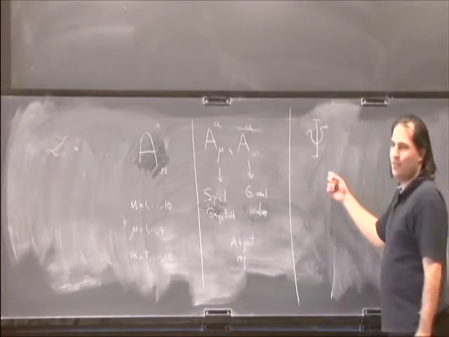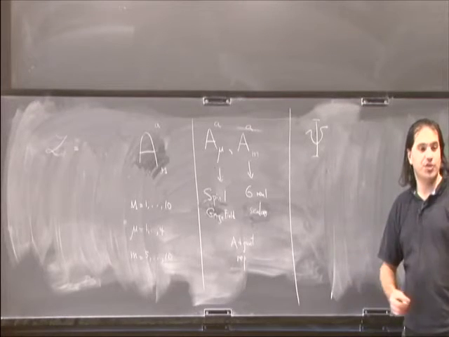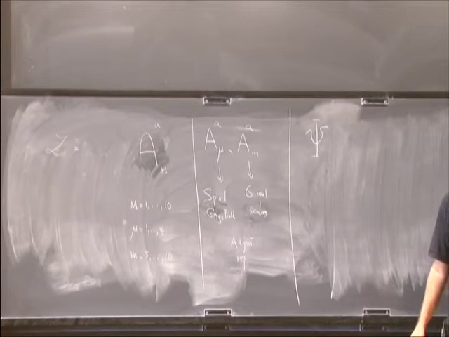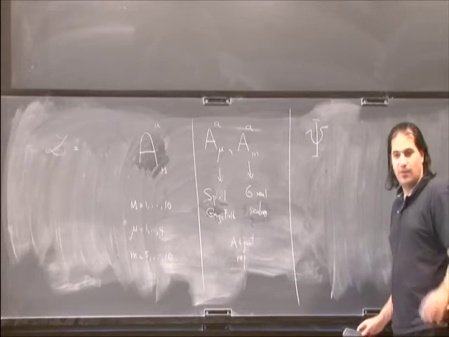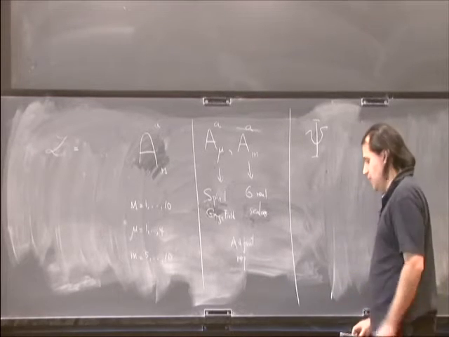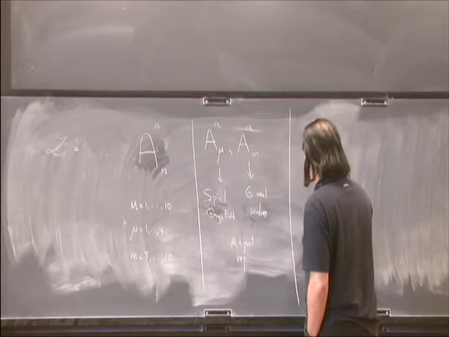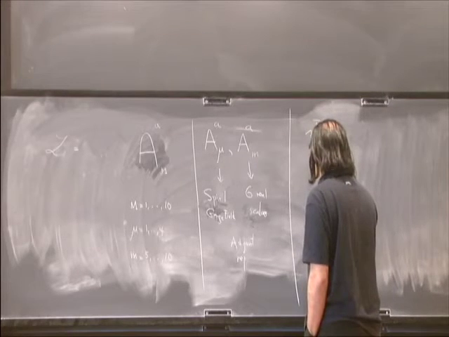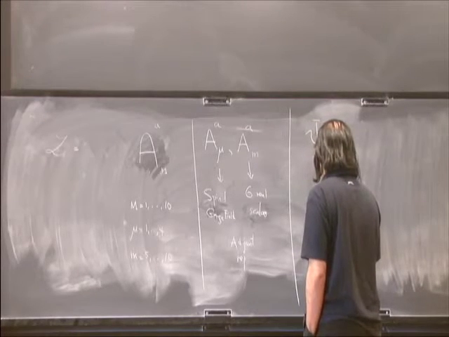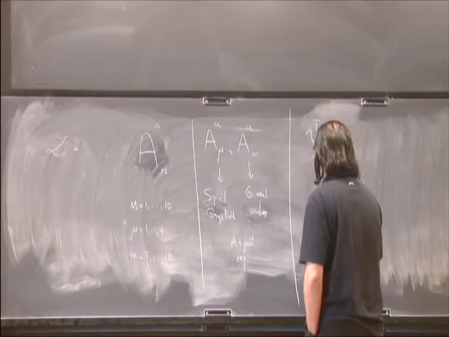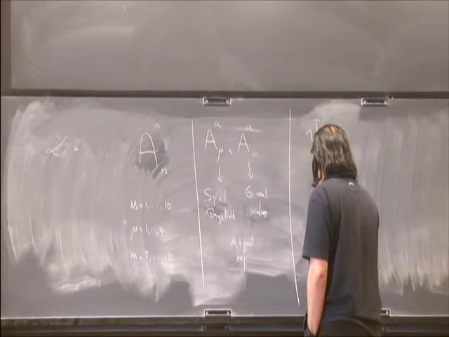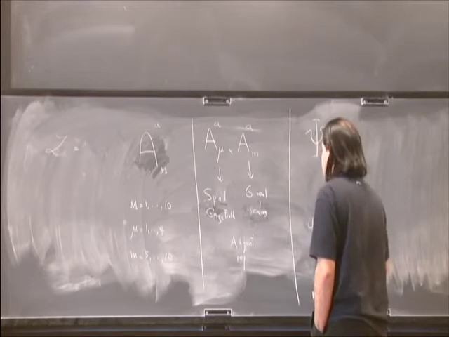Similarly, you have a fermion in 10 dimensions that, when you reduce to 4 dimensions, becomes 4 Weyl fermions in the adjoint representation again.